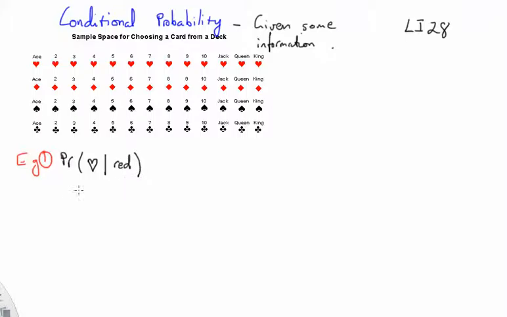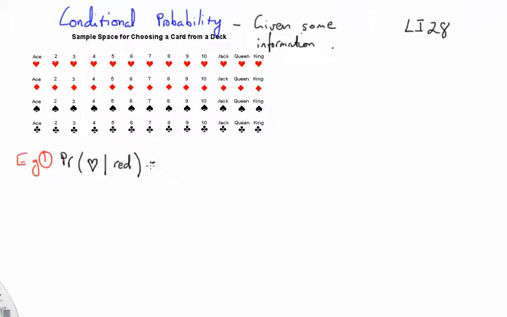We know that increases the probability because a heart is a red card, so it's going to be higher than what we'd usually expect.